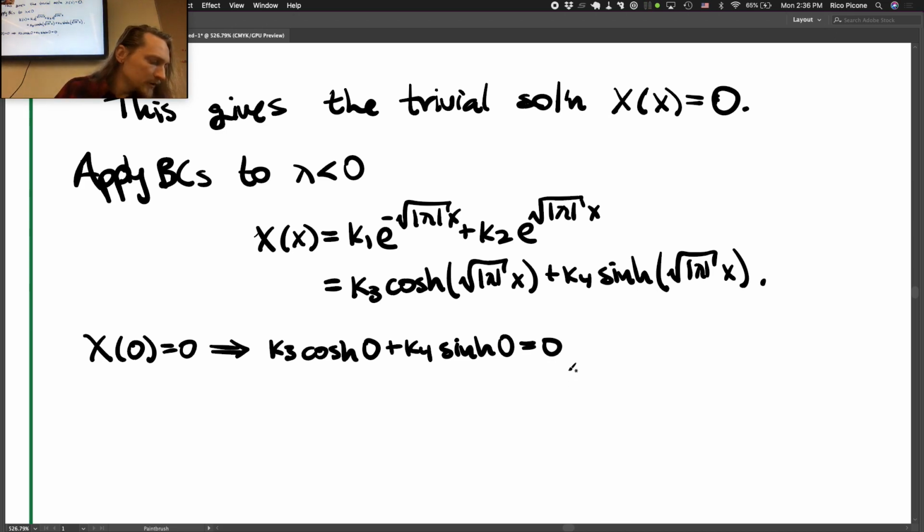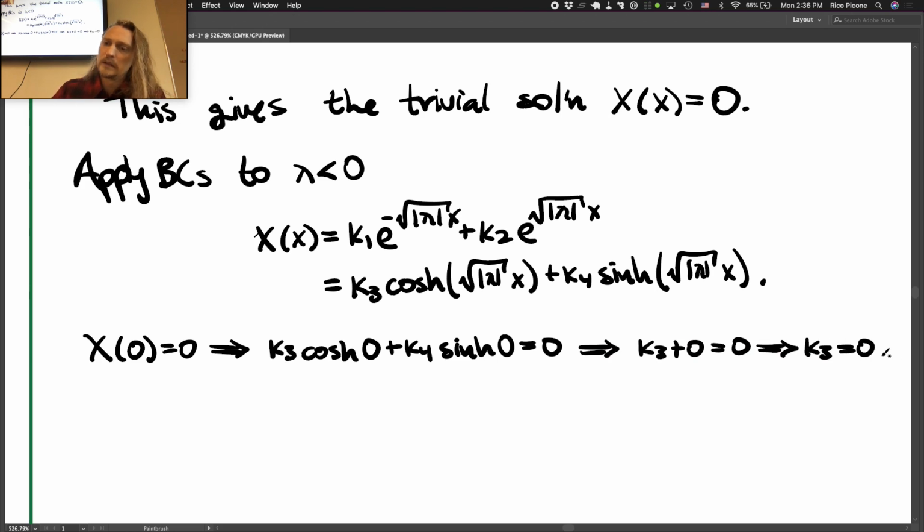And cosh of 0 is 1, sinh of 0 is 0, so this implies k3 plus 0 equals 0, which implies that k3 has to be 0.